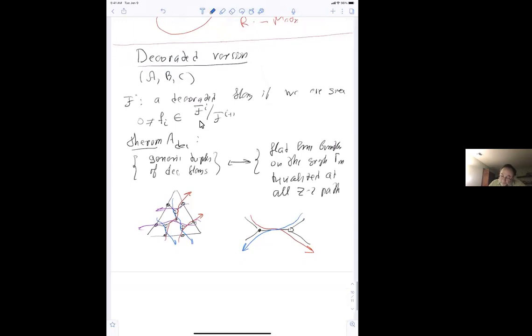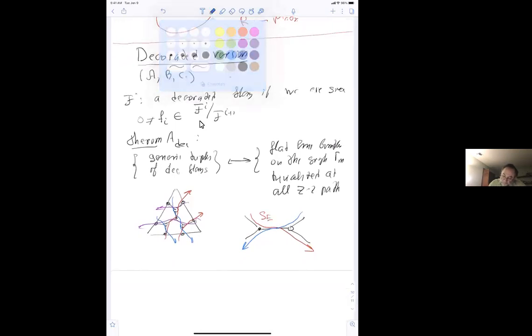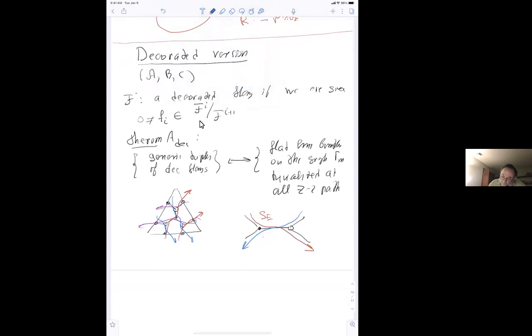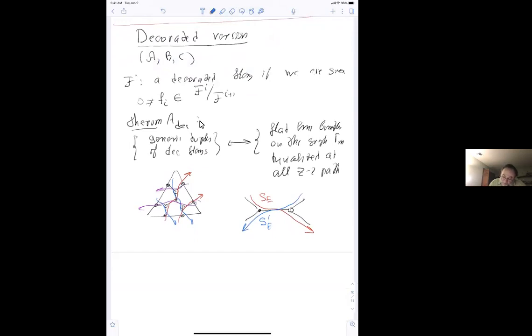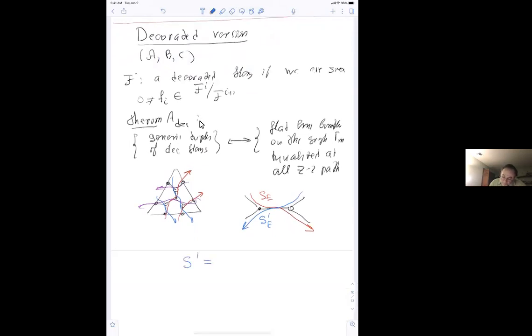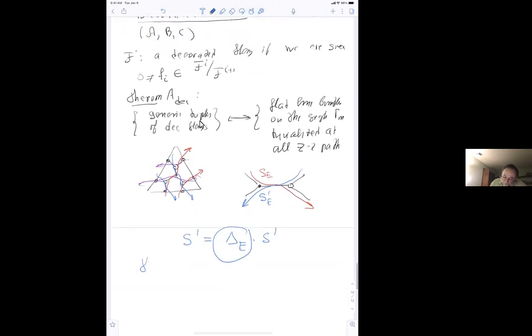So now you have two trivializations here. You have the red one, let's call this trivialization vector S_E, and you have the blue one, S prime_E. Now you can write that one of them, S prime, equals a certain number related to the edge multiplied by the other. And so these are the cluster coordinates.